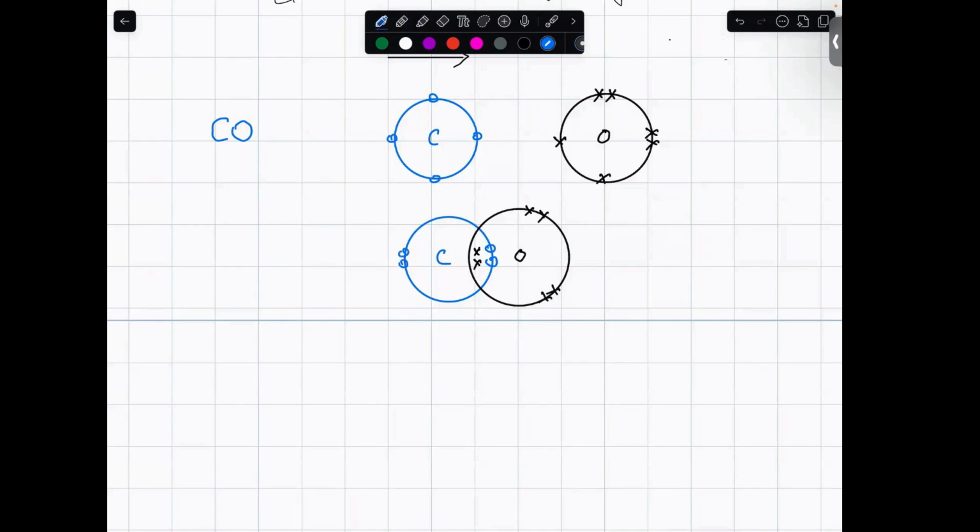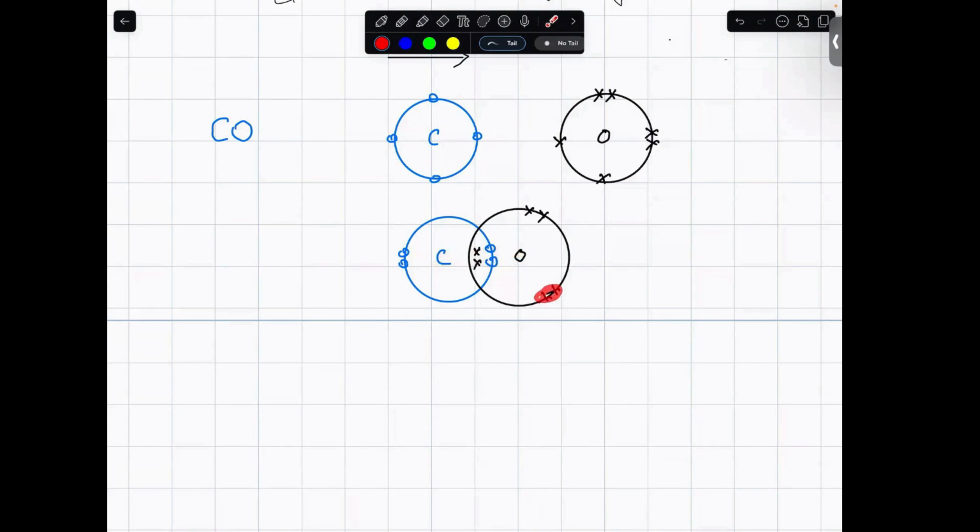After sharing 2 electrons by oxygen, 1 to 8, its last shell is complete. But carbon, 1 to 6, is still deficient of 2 electrons. Now, if you look at this bond, 1 electron is donated by carbon, 1 by oxygen. Carbon and oxygen is mutual sharing, covalent.